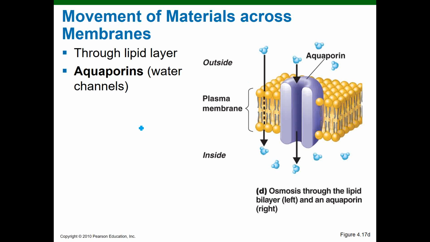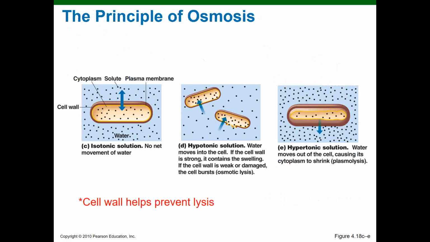There are special proteins that may be present in the plasma membrane of bacteria called aquaporins. Aquaporins are specifically channels in the plasma membrane that allow for the rapid transit of water across the plasma membrane. Aquaporins, along with the cell wall of the bacteria, help to control the integrity of the bacteria in different osmotic conditions.